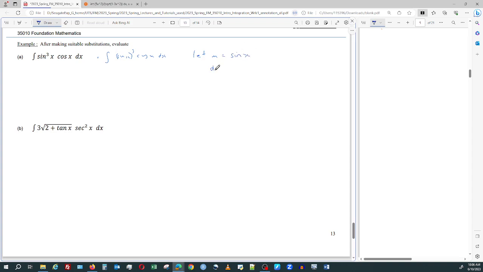Staying in the column, du dx then will equal cos x, and multiplying through by dx, du will be equal to cos x dx. Wow.